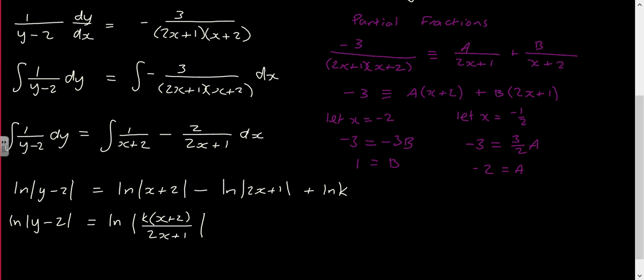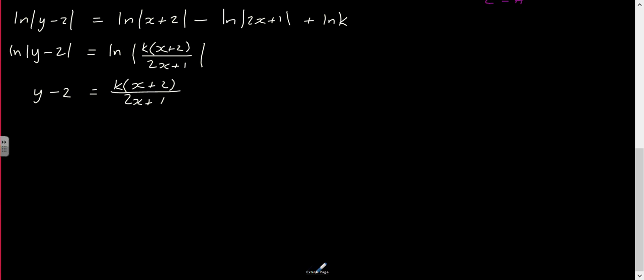So that then shrinks down to just be y minus 2 equals k(x+2)/(2x+1). So then y is (x+2)/(2x+1) plus 2. So there is our general solution of the differential equation.